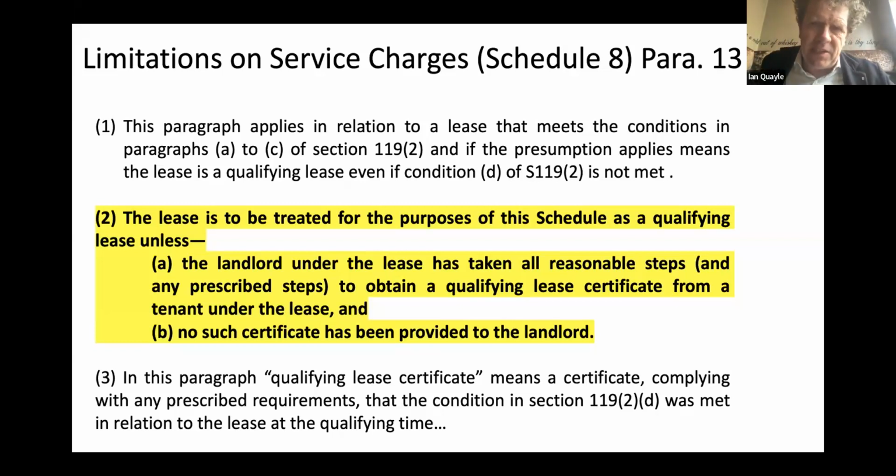And when we talk about asking for a leaseholder deed of certificate, the Act specifies that the landlord has not taken reasonable steps or prescribed steps to obtain the certificate.